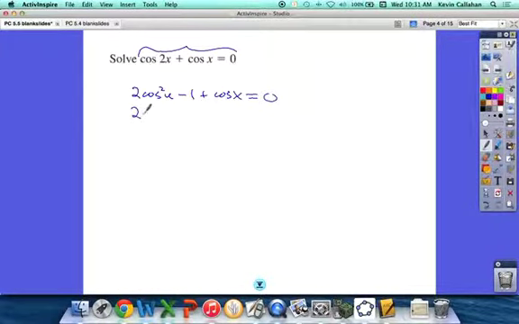And I can rewrite that as 2 cosine squared x plus cosine x minus 1 equals 0.